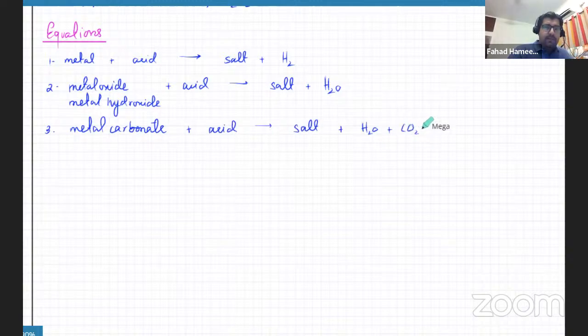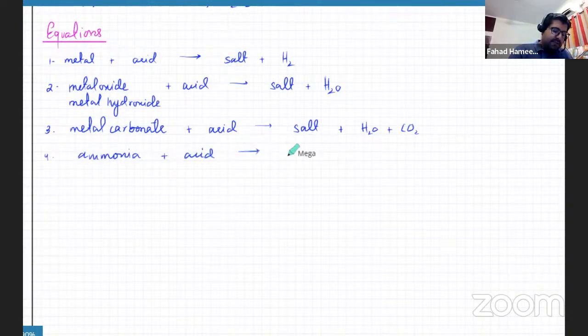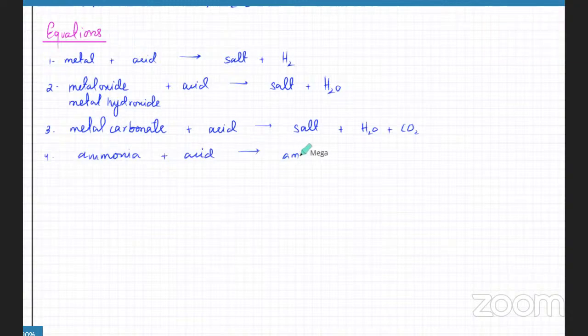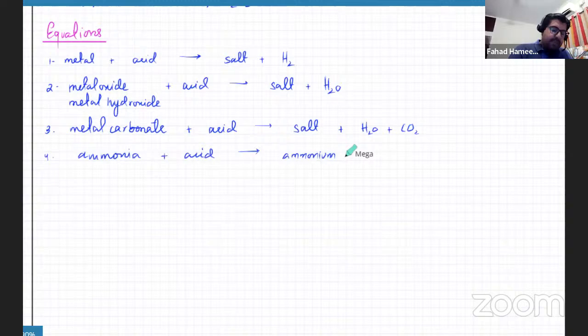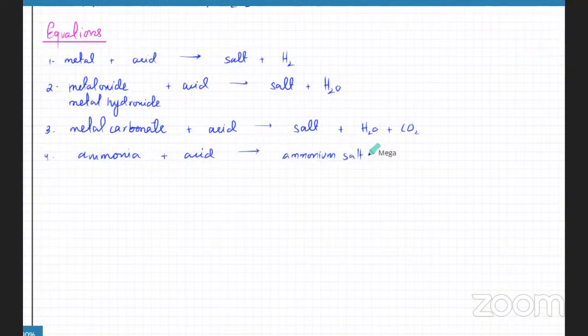What happens when you have ammonia plus acid? Remember, ammonia is also basic. We're just going to get an ammonium salt. Don't worry, we'll practice all of these.